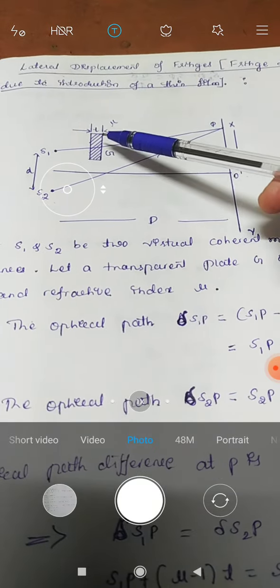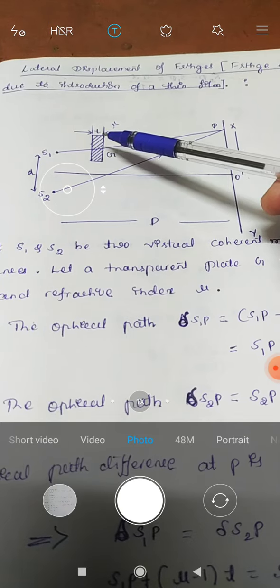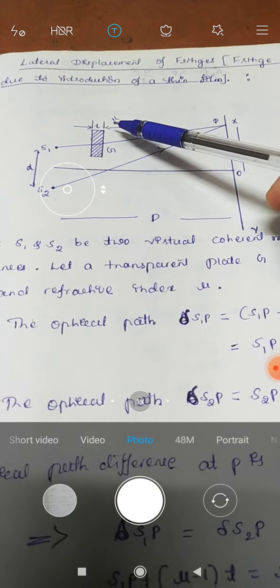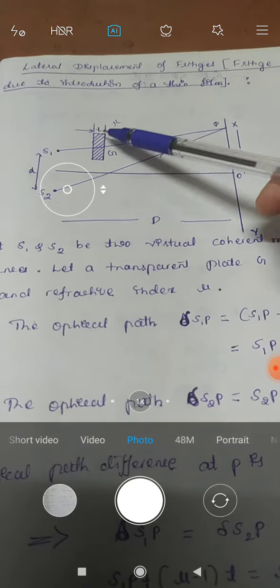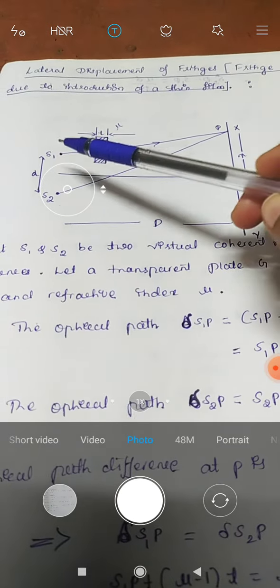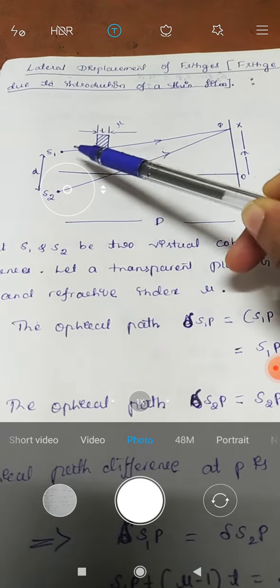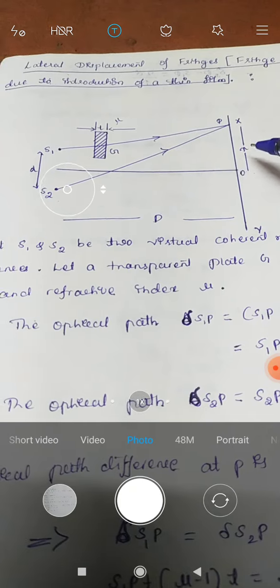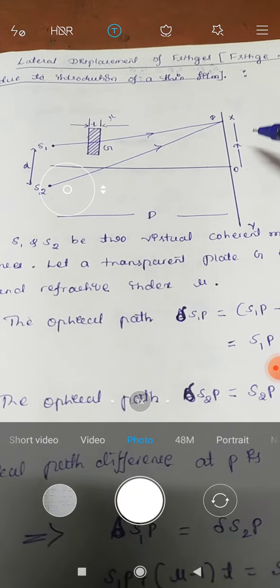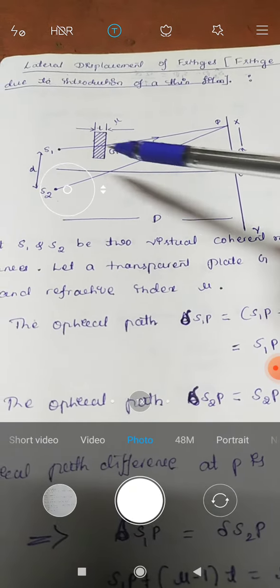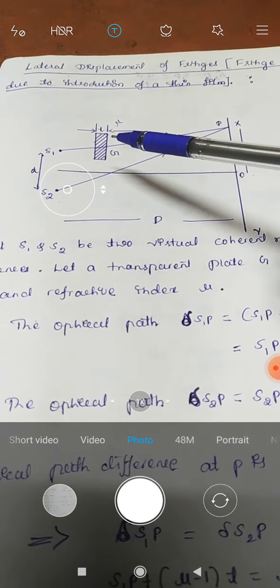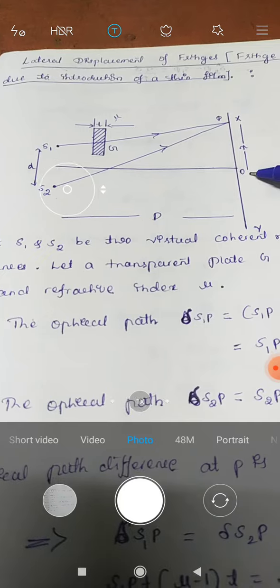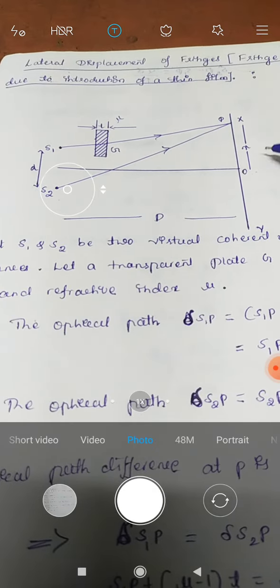Let a transparent plate G of thickness T and having refractive index mu be introduced in the path of one of the beams. Here we introduce this sheet between S and screen Y. So this alters the optical path length of S1O and S2O.